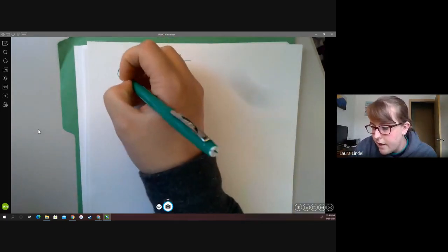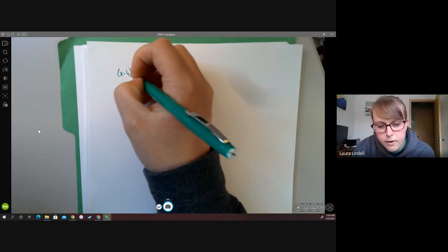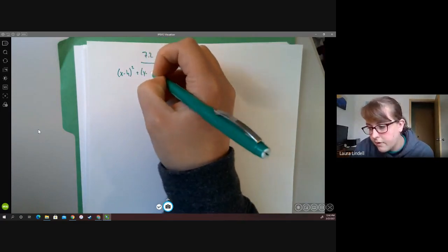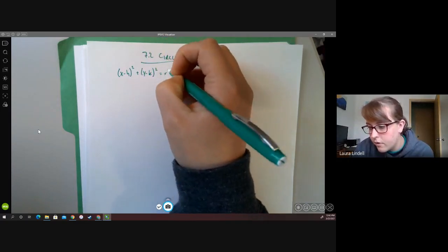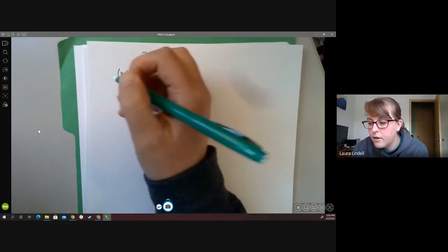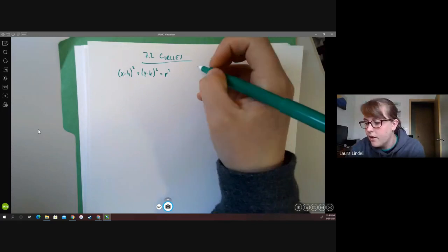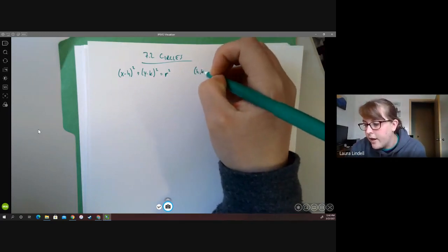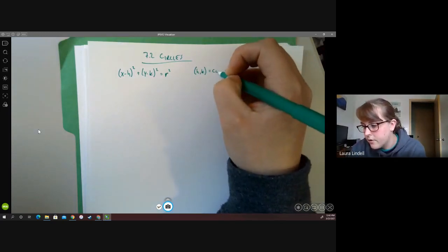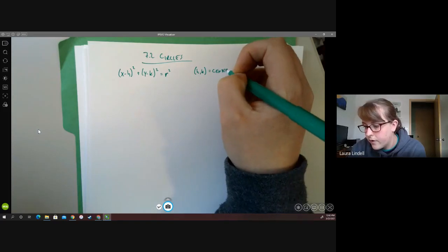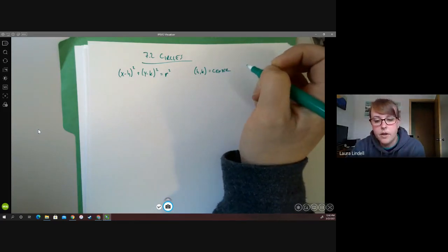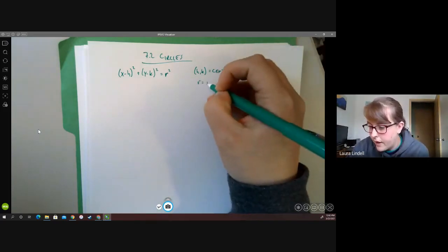It is (x minus h) squared plus (y minus k) squared equals r squared. So that's the standard form for our circle equation. (h, k) is the center of the circle, the coordinates of the center. r is the radius.